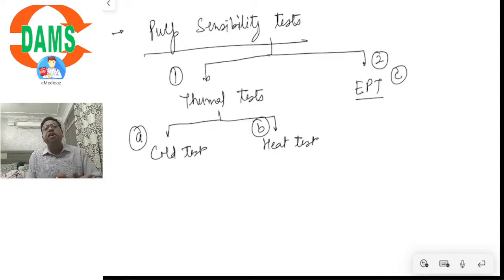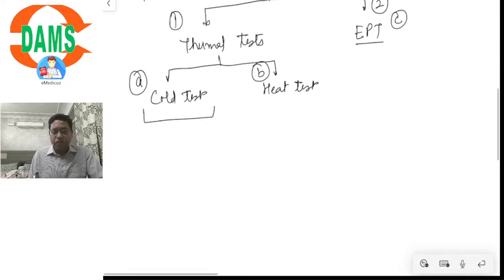Subjective means we will have to depend upon the response from the patient, whether the patient shows any signs of pain or complains of pain due to application of heat, cold, or electric current. So basically, you have to understand that pulp sensibility tests test the viability of sensory nerve fibers in the pulp. Let us first see what cold testing is.